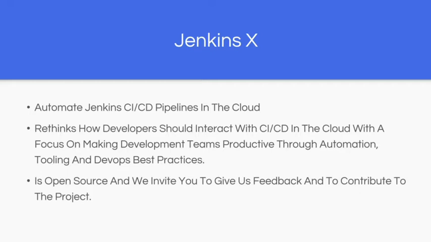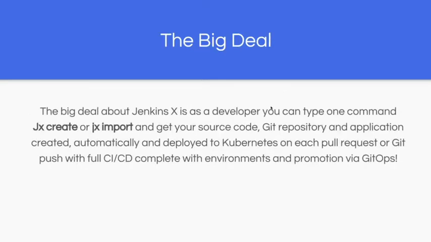So there's not a lot of configuration within Jenkins. There's not a lot of configuration and clicking around and creating new jobs. You're putting that all into a Jenkinsfile and letting the automation do the work. And that's what we're going to see today. Jenkins X is also open source, and they invite you to give feedback and to contribute to the project.